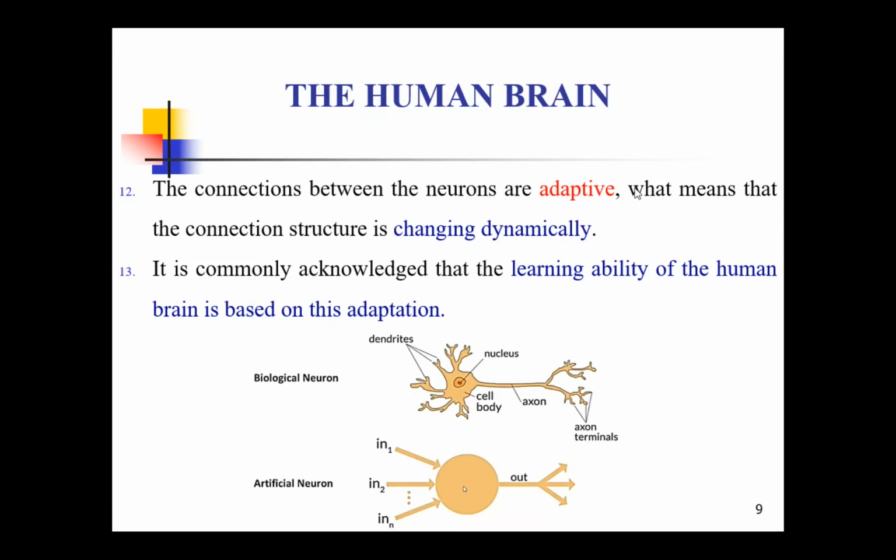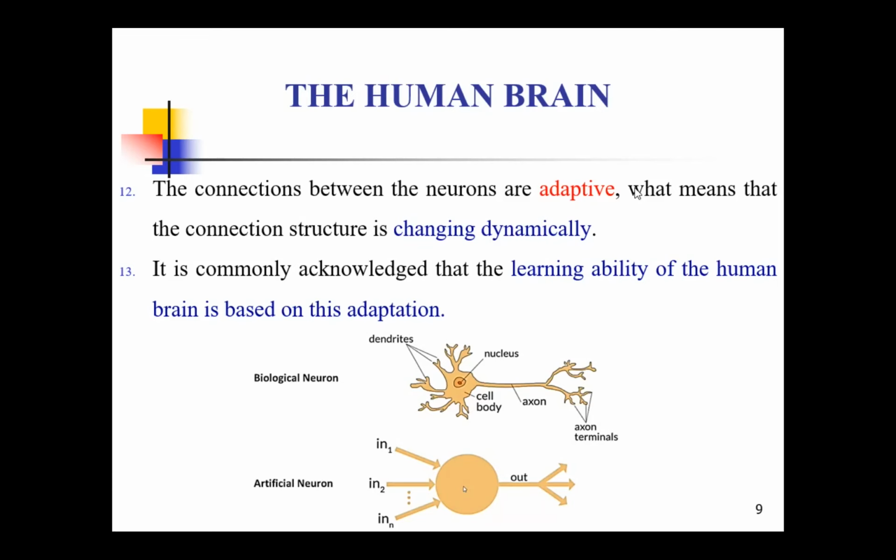That's why the IQ level changes from one person to another. How adaptive we are, how dynamically our network is changing, depending upon that only, the learning ability of the human brain changes. Now here we are going to compare the biological neuron with the artificial neuron.